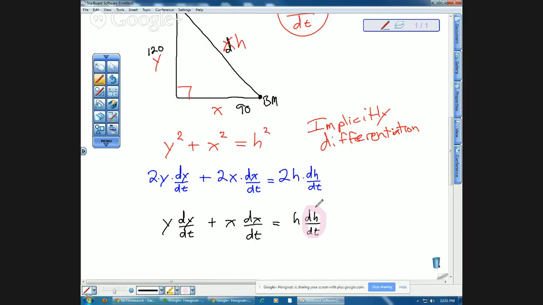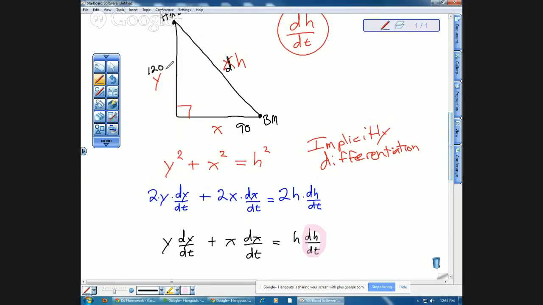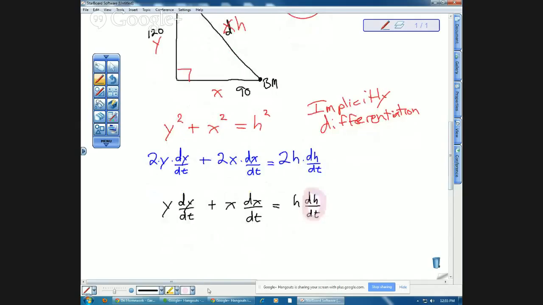Okay. And ultimately, I was asked to solve for dh dt. Now, before I do that, I like to plug in any numbers I know. Like, do we know what y is? At the snapshot in time of 6 seconds later, we figured out that y is 120. So let's plug in everything we know. Y is 120. Do we know what dy dt, the rate the balloon is rising, was?